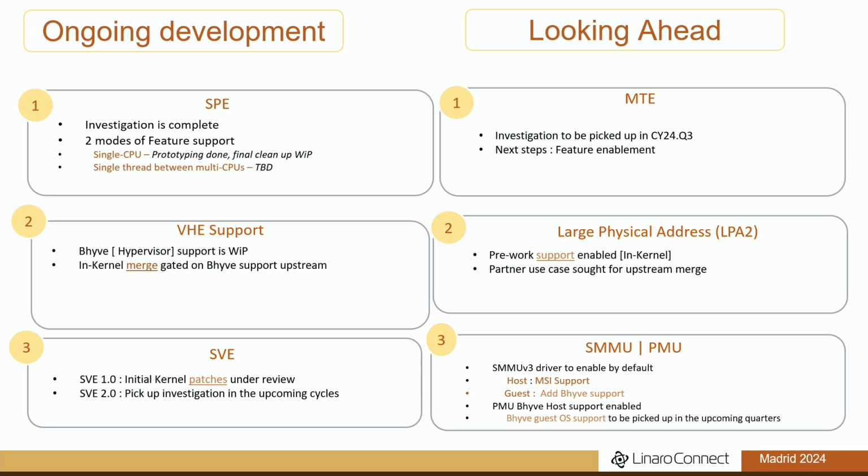Large physical address 2, for which we have done the basic work, but we're looking for a use case around it, more in terms of hardware. And then a little on the system IP side for SMMU and PMU, we have the hypervisor support for Bhyve on the SMMU side and on the guest OS side for PMU as well.